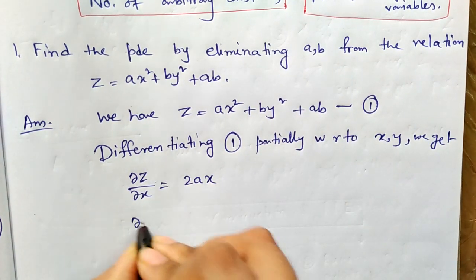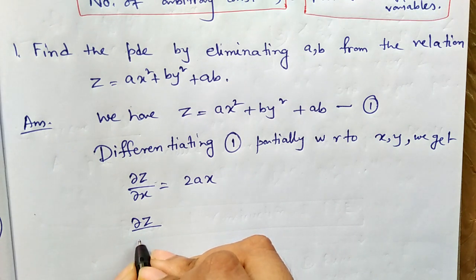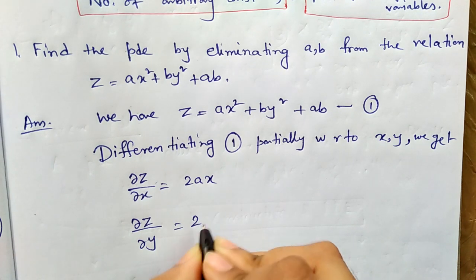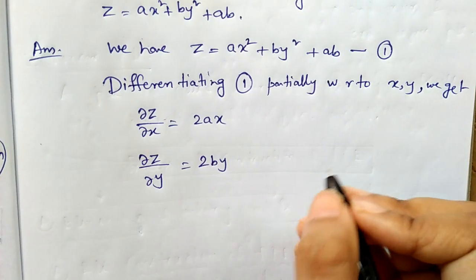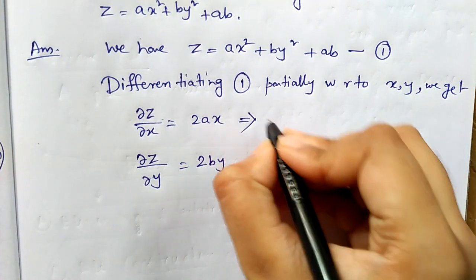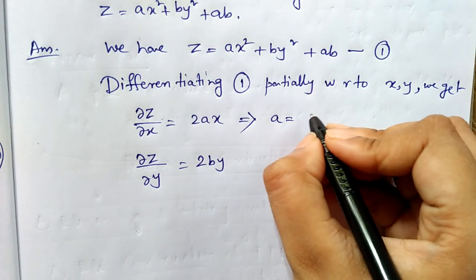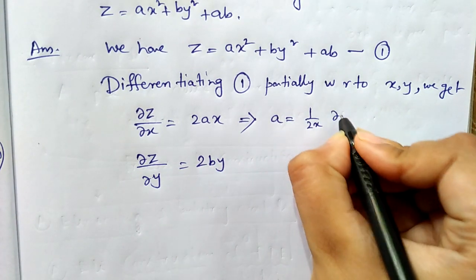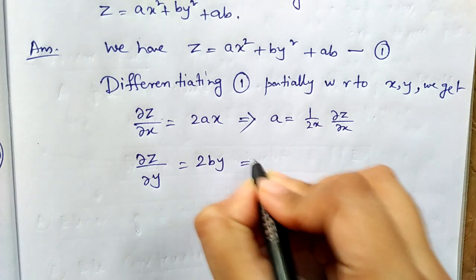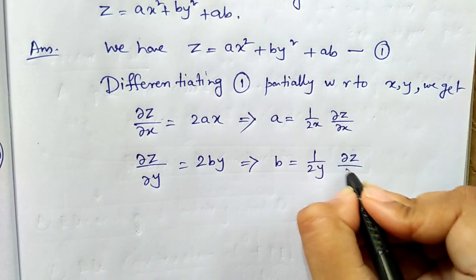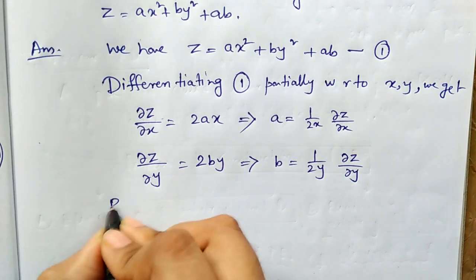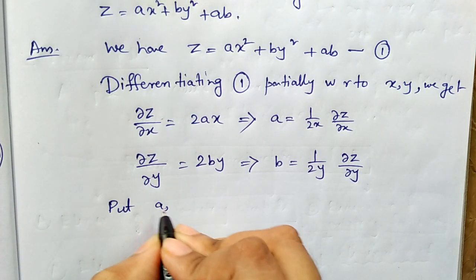And the second one is ∂z/∂y = 2by. Okay. So now we have to find the value of a from the first one, that is a = (1/2x)∂z/∂x, and b = (1/2y)∂z/∂y.